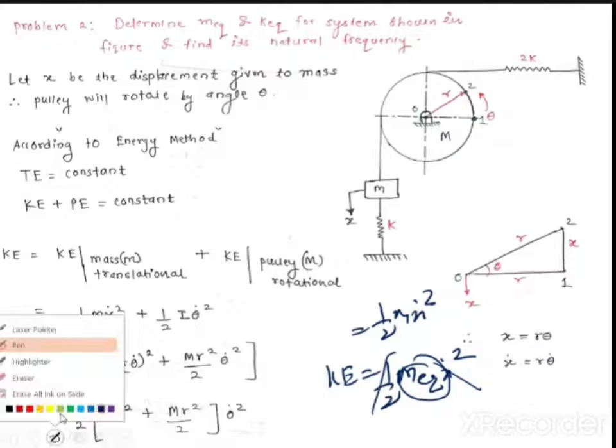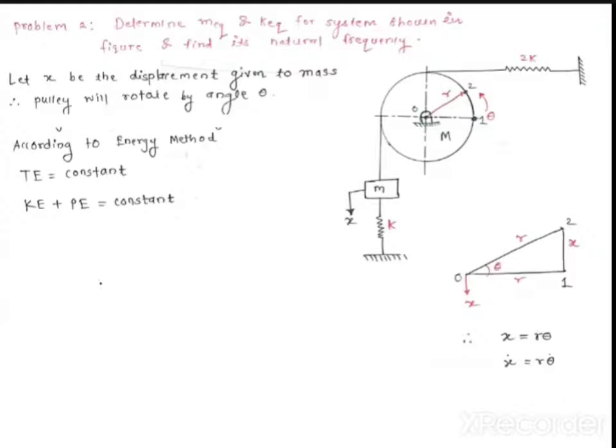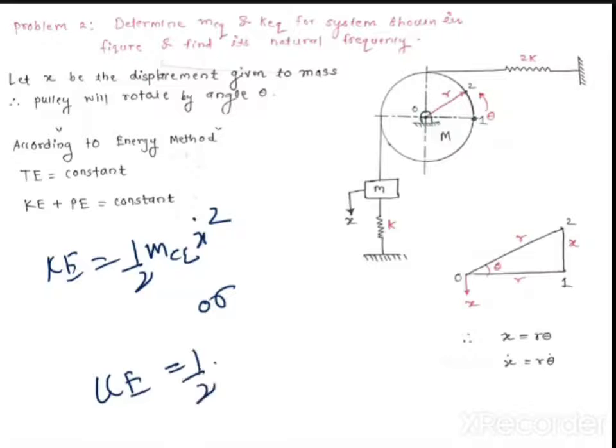So this formula can be written like this also. Kinetic energy is equal to 1 by 2 m equivalent x dot square, or in a torsional system this formula becomes 1 by 2 I equivalent into theta dot square. So guys, the only thing you have to understand is that when it is x, it becomes m equivalent.